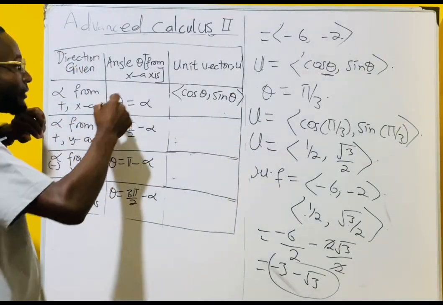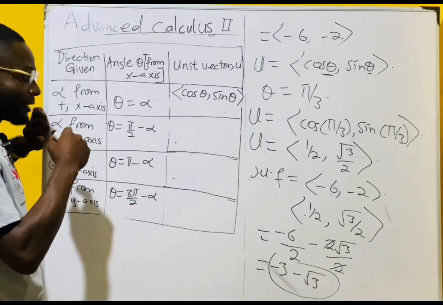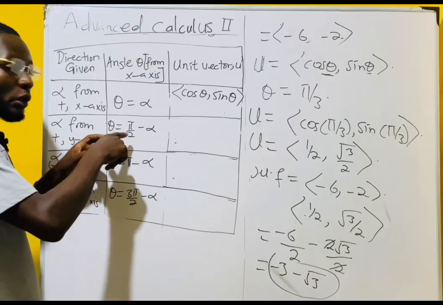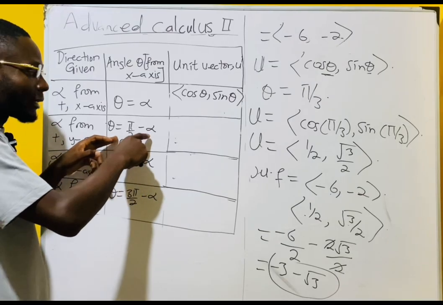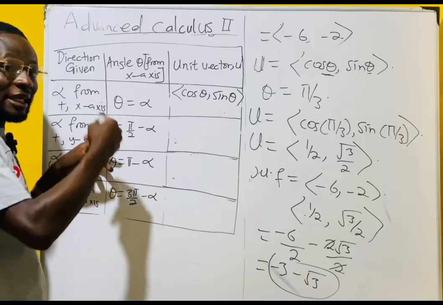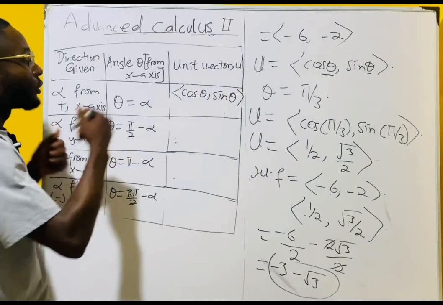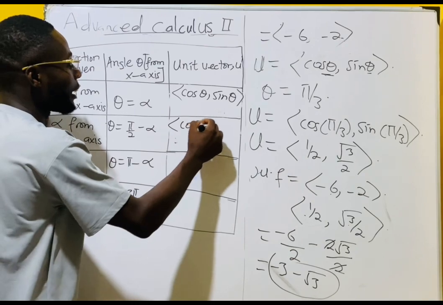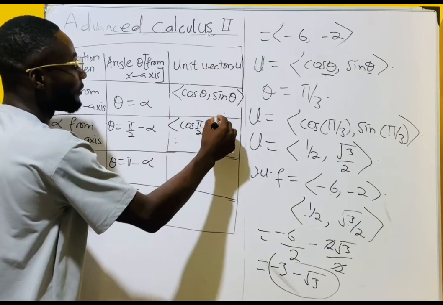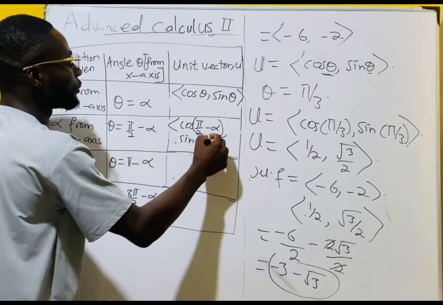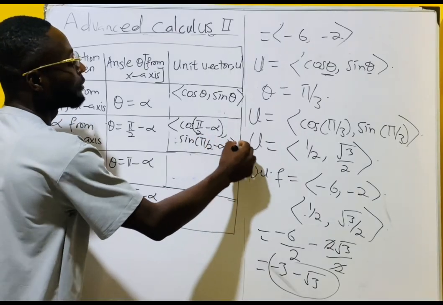But if the measurement is from the positive y-axis, then your angle is going to be pi on 2 minus alpha, where alpha is the angle you were given. So you have cos of (pi on 2 minus alpha), sine of (pi on 2 minus alpha).